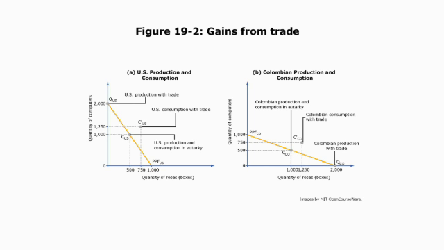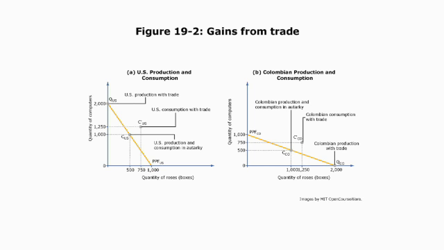US consumers now increase their consumption of both roses and computers, as do Colombian consumers. And you end up with total consumption of 2,000 computers and 2,000 roses. So the US consumes 1,250 computers and Colombia consumes 750, and the flip for roses.